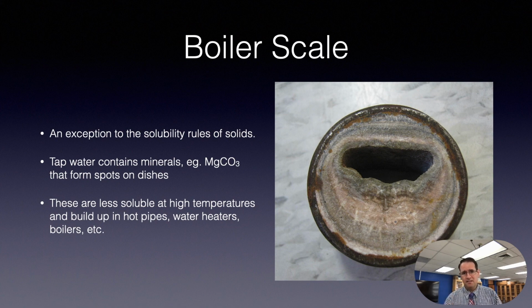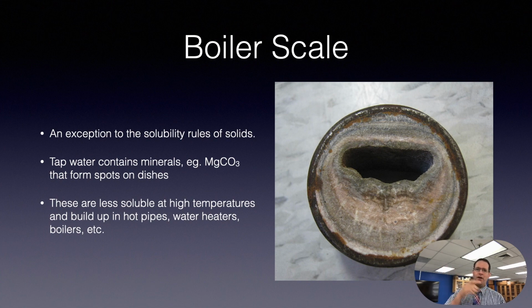It's precipitating these small amounts of minerals. Some of them include magnesium carbonate, okay? Now, it turns out that at very high temperatures, magnesium carbonate is actually less soluble. And so you build up this mineral deposit on the insides of hot pipes and water heaters and boilers.